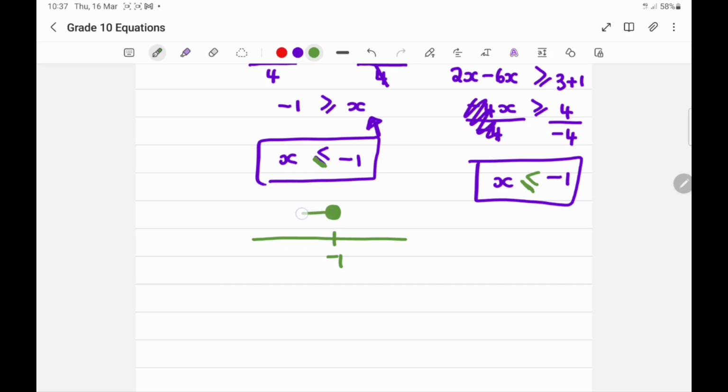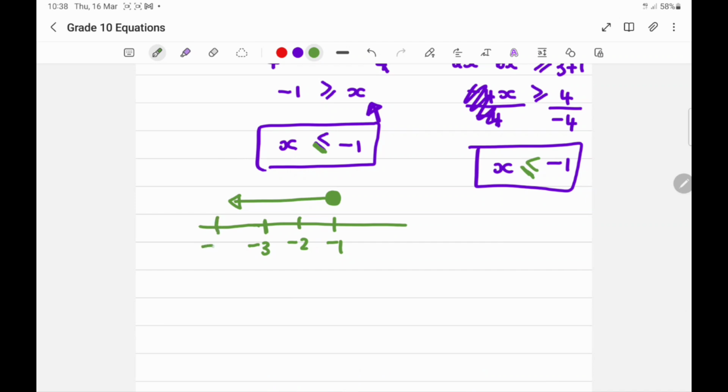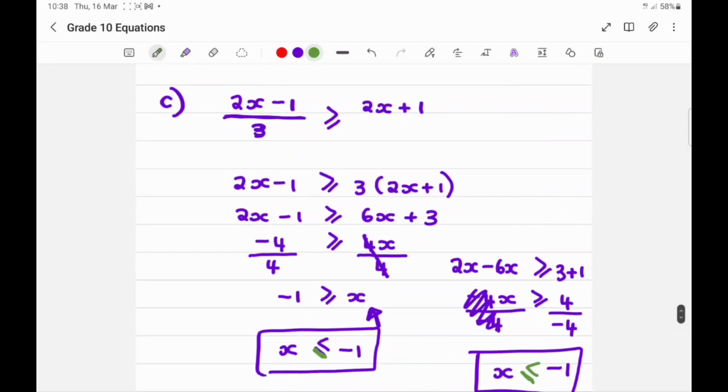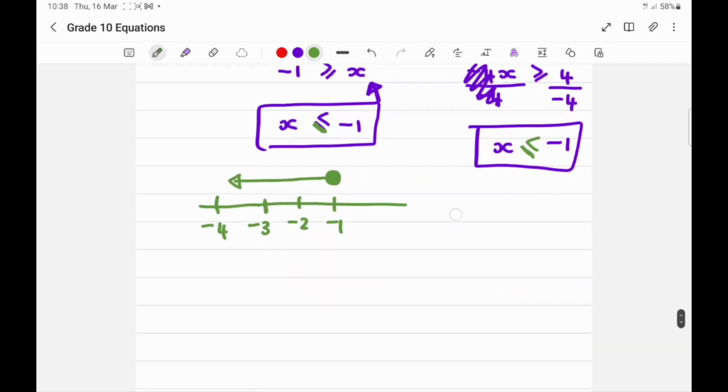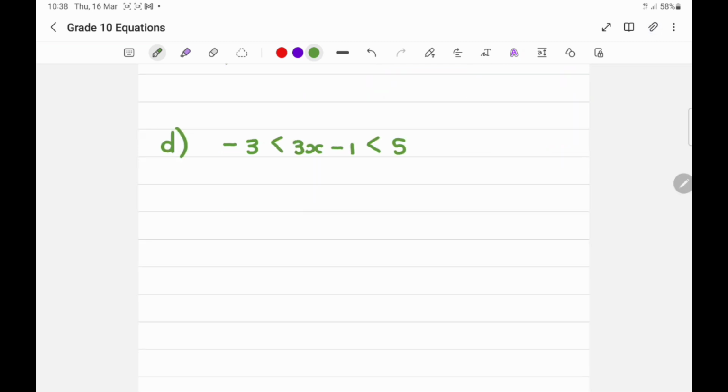And x is smaller than, which means we're going to go to the left-hand side, because smaller than would be negative 2, negative 3, negative 4. And all those answers will be true to make the inequality true.